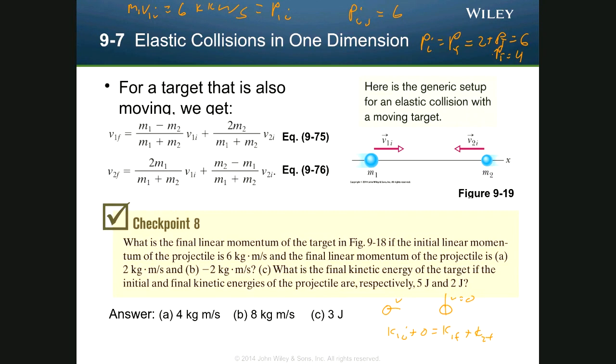That reduces the left side of the equation to 5 equals 2 plus K target final. And so all we have to do is solve for K target final, and that implies that K target final equals 3.